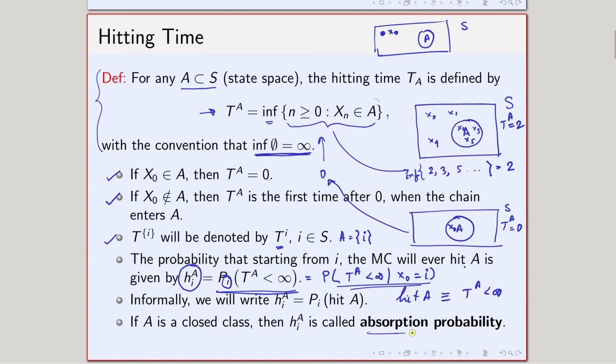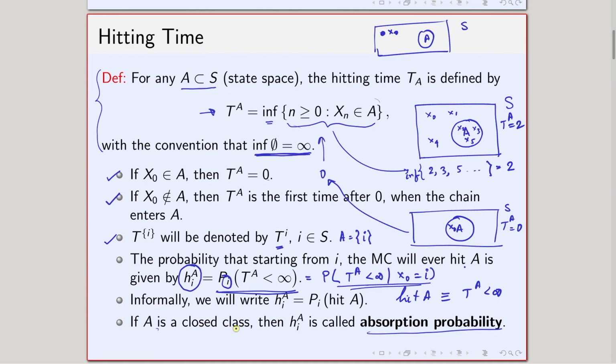Okay, and there is another terminology, absorption probability. If A is a closed set, just recall the definition of a closed set. A communicating class is called closed if I cannot go out from that particular class. Once I am inside the class, I will be in the class forever. So that kind of class is called a closed class.